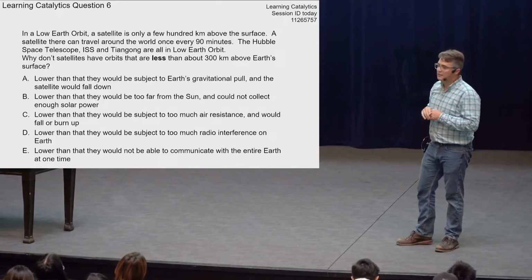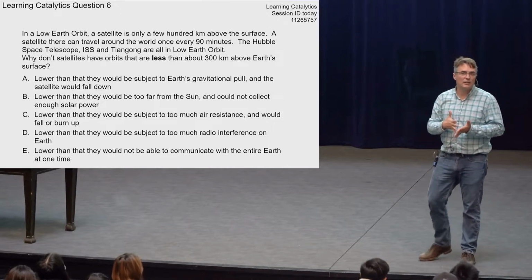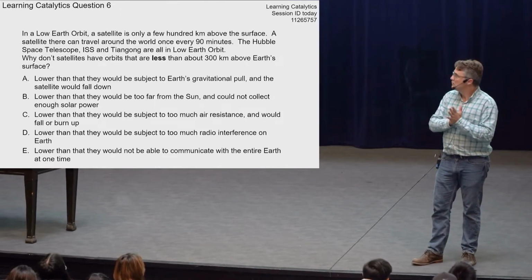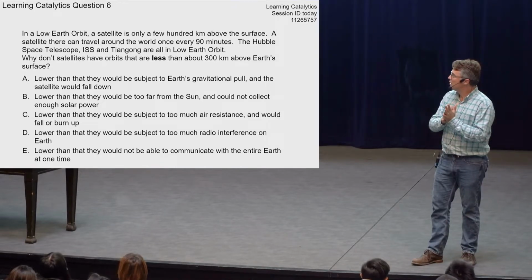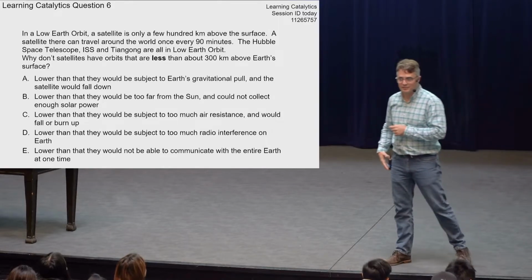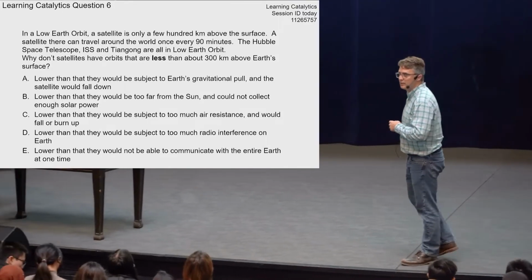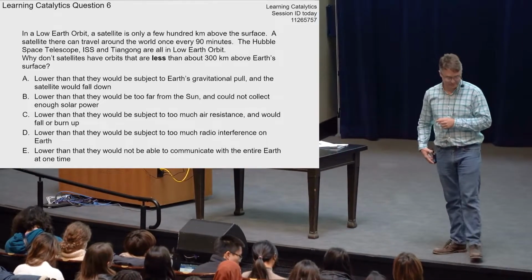But why can't they have an orbit that's less than 300 kilometers above the Earth's surface? Again, 4 of these reasons are not correct, and one of them is the real answer. So if you spot it, tell your neighbor.